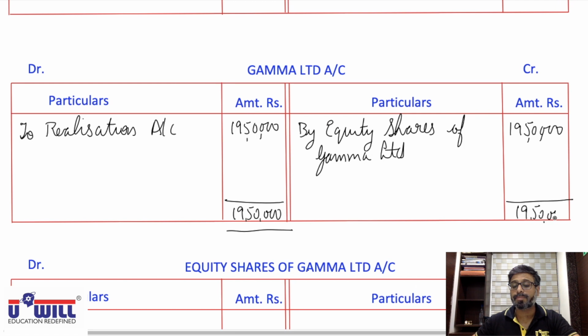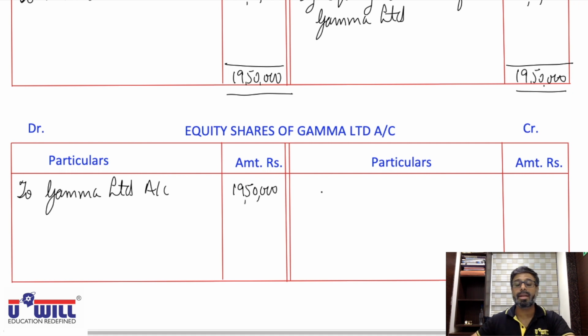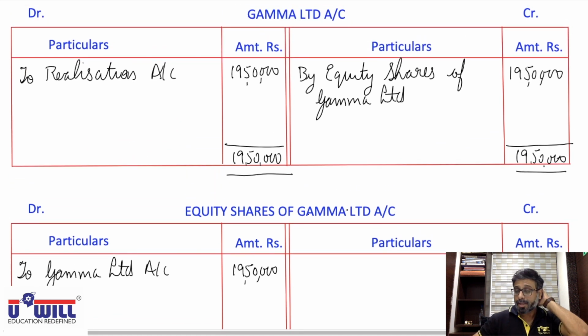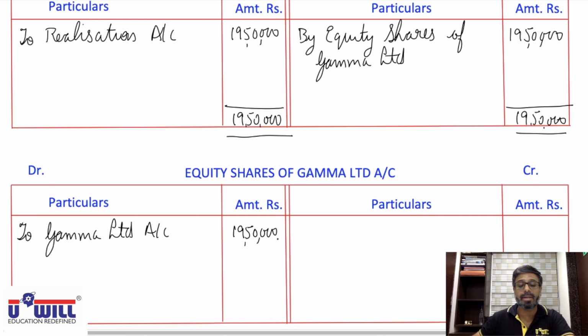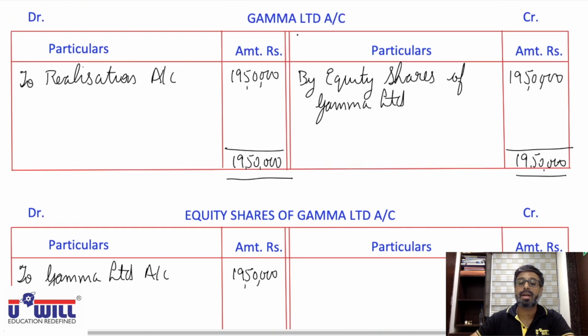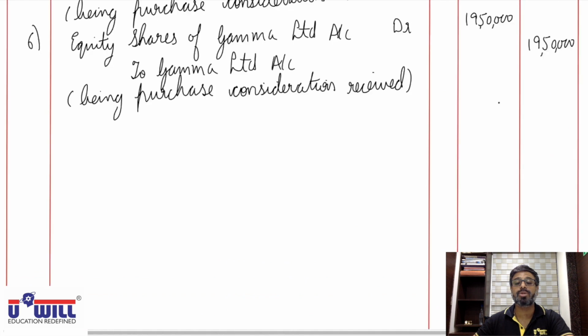Now equity shares of Gamma Limited account debit means in equity shares of Gamma Limited you write on the debit side to Gamma Limited account 19,50,000. So in Gamma Limited, credit side, by equity shares of Gamma Limited 19,50,000. So the purchase consideration received entry is also done.